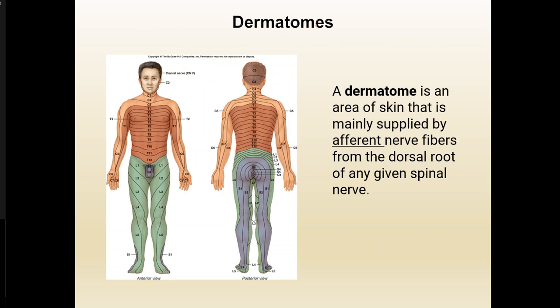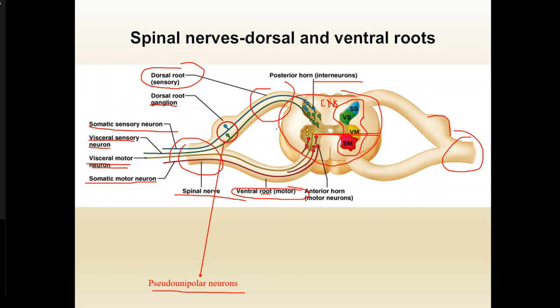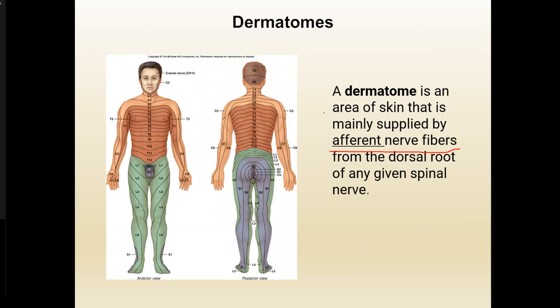Now I want to mention how we define specific areas of the skin that are supplied by a specific afferent nerve fiber or nerve fibers. So these nerve fibers that constitute the somatic sensory division innervate specific areas of the skin, and these are known as dermatomes.